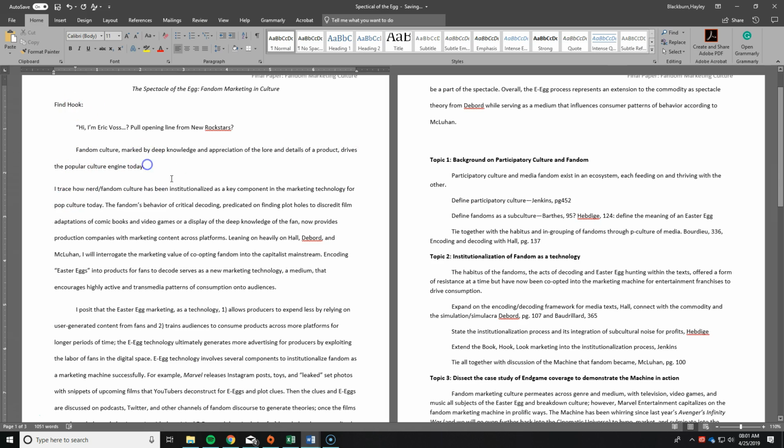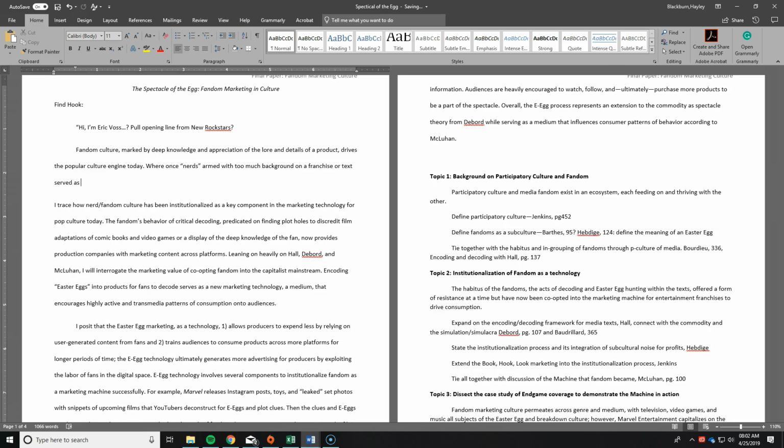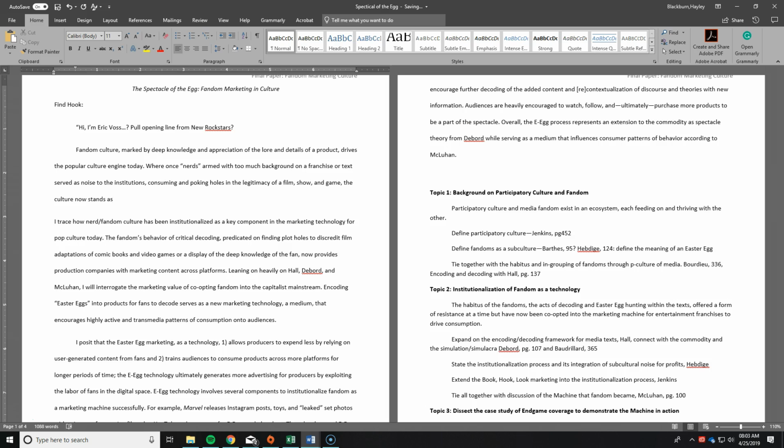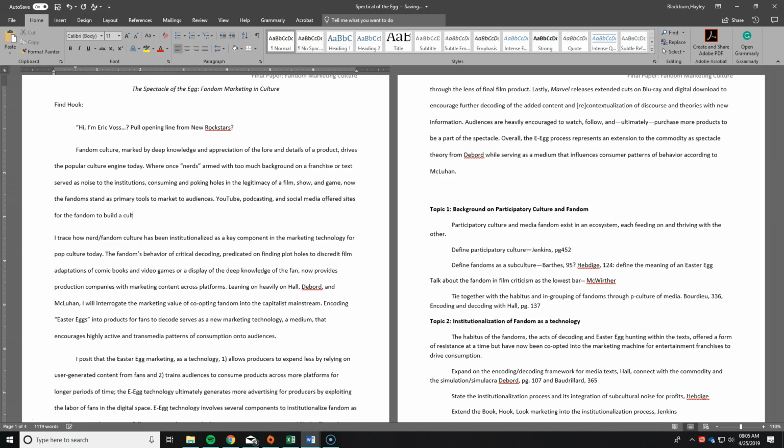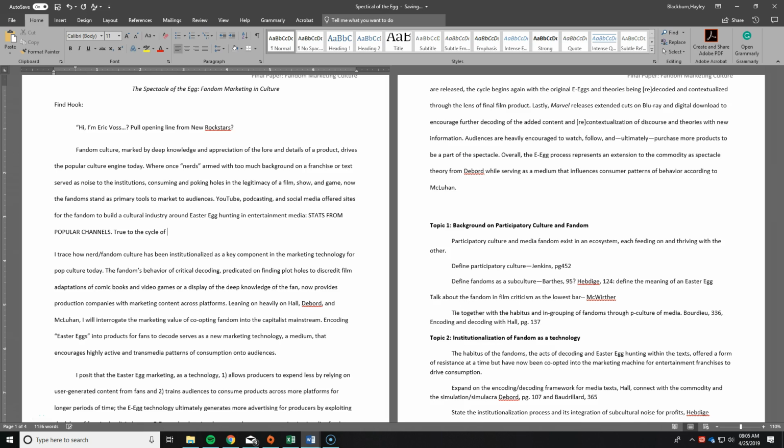Now I'm thinking about what my hook could be and how I'm going to start this. The document I'm working on in this side was my proposal concept paper, which is basically one page: here's what I want to do as this final paper. I found this a really useful tool that my professor had me do, because I could jump into it as the document and build on it.